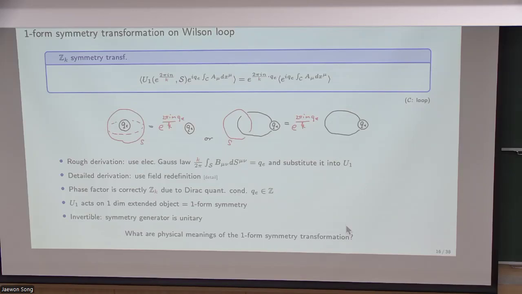The three-dimensional volume can be identified as T2 times a small interval along the time direction. You put the symmetry generator on some T2 cycle, and if you put the anti-symmetry generator, then you can have a three volume inside.